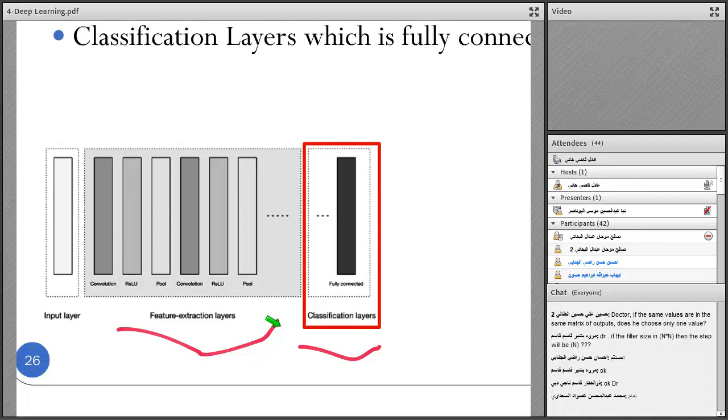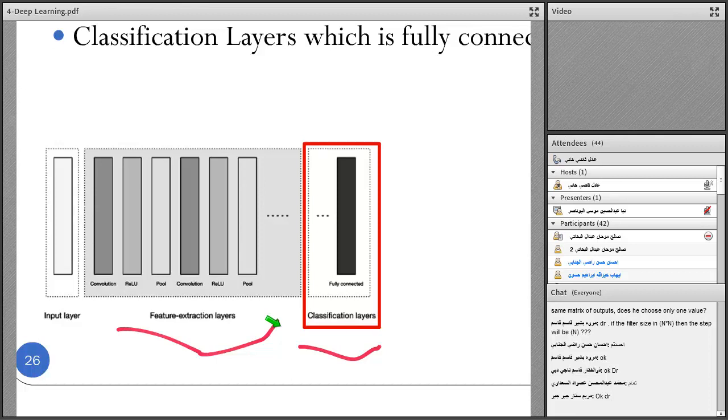In the normal neural network, we had the hidden layer and the output layer, so we have this in the classification layer. Usually we have one or more hidden layers, and then the output layer, which is the final layer of the neural network. It is also fully connected.